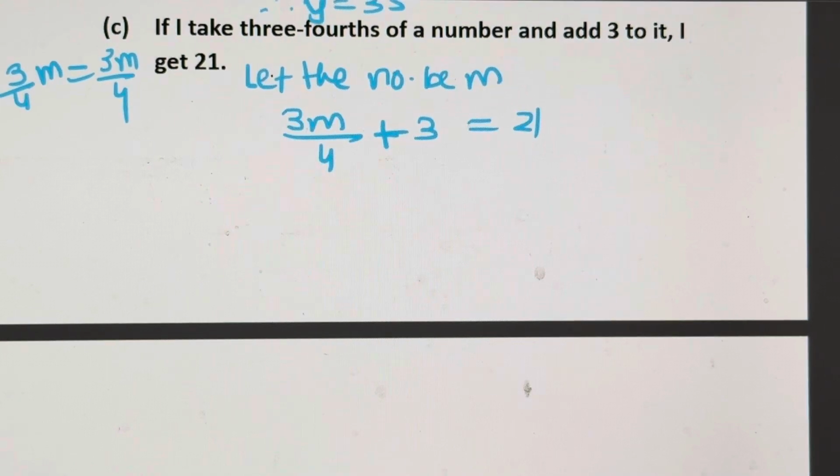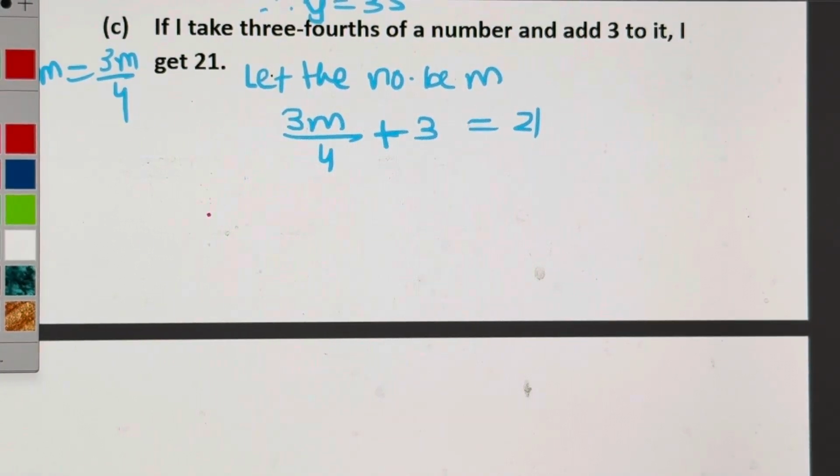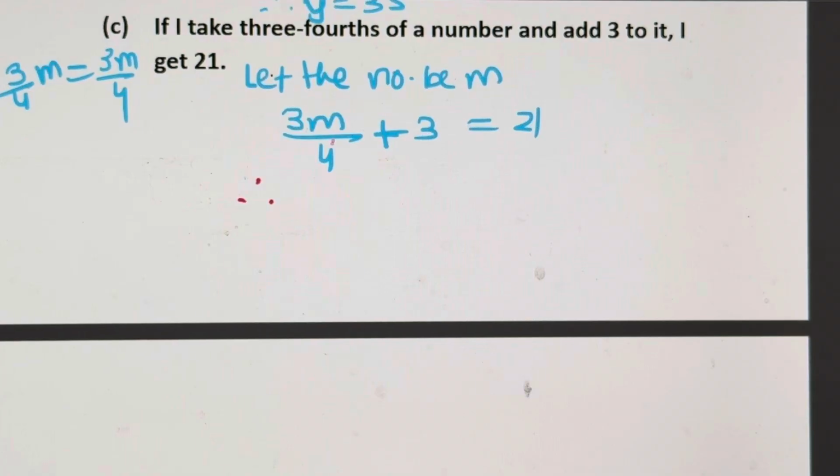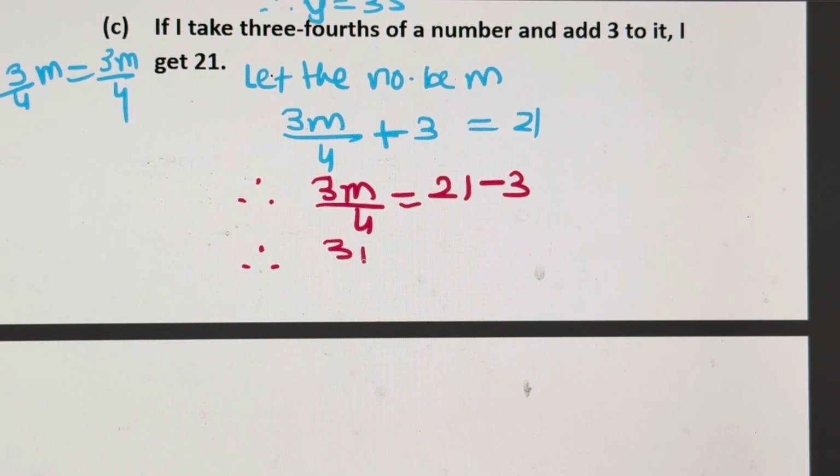Now remember the rule. What do we do first? We don't touch the numbers with the variable. First we transpose the number which is constant. So we write 3m upon 4 as it is, equal to 21 as it is, and we bring plus 3 here, so it becomes minus 3. First we solve that. 3m upon 4 is equal to 21 minus 3, which is 18.